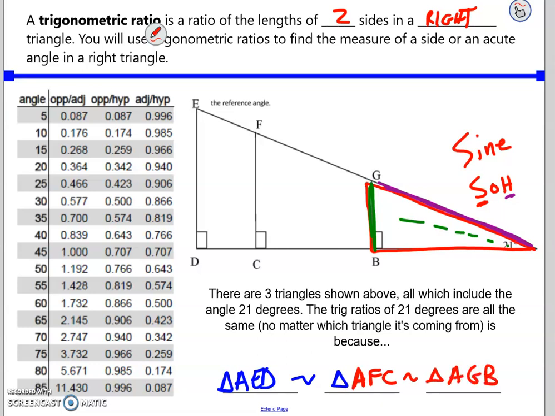Okay, they are all similar. In other words, the ratios that come from all those similar triangles are going to be exactly the same. So it doesn't matter which one I look at if I want to find the sine of 21 degrees. That ratio is going to be the same.